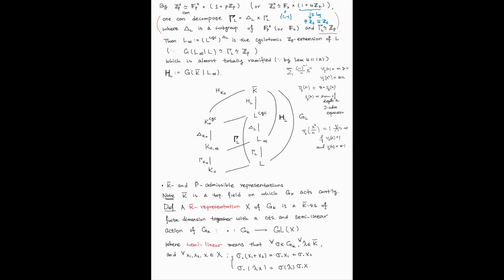It would have to have something to do with the fact that this bold gamma L is a Galois group, the Galois group of this L cyclic over L. I think the reason is probably the following.